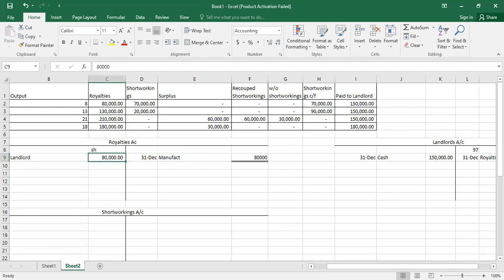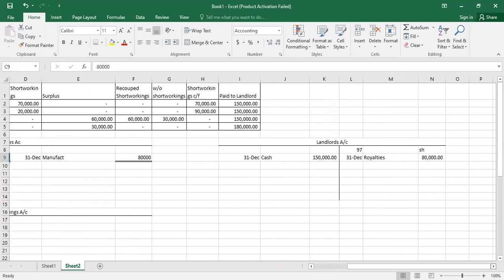So I come to the landlord's account. I need to close it for this particular year. So the balance will be the shortcoming if you look at our entries. So these are our short workings.